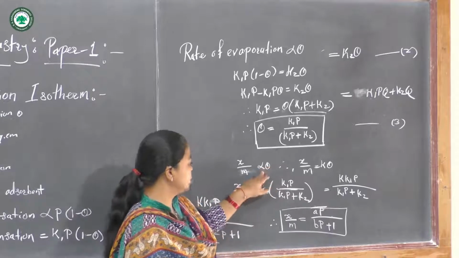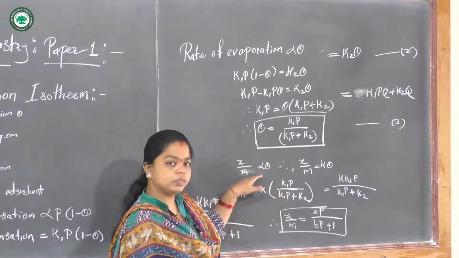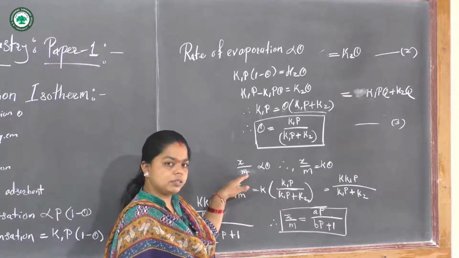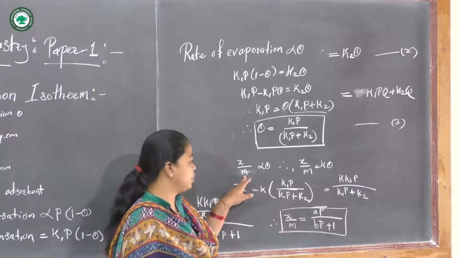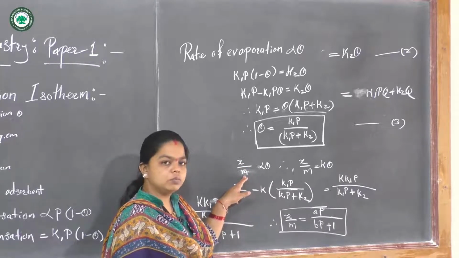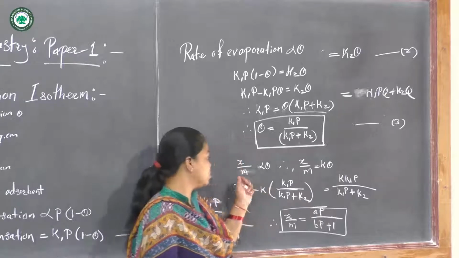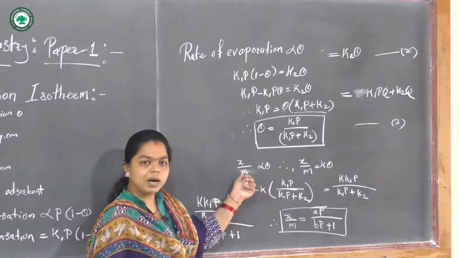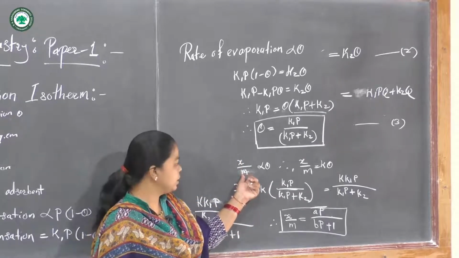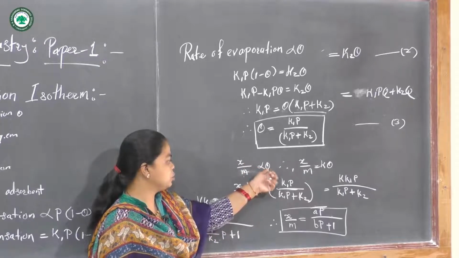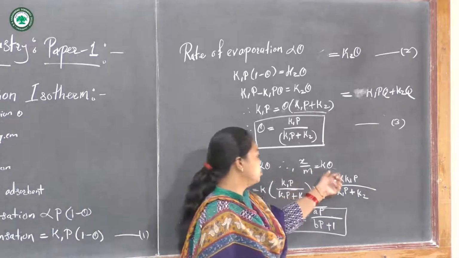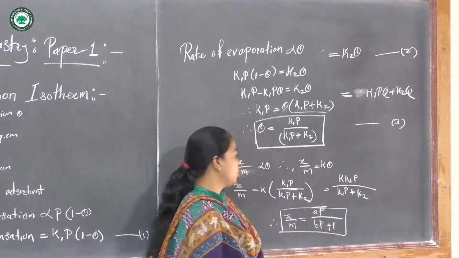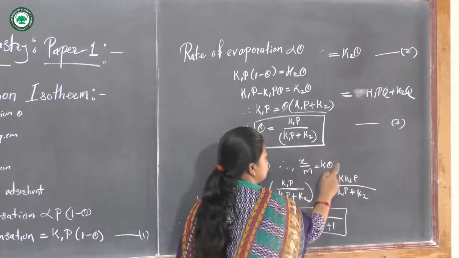So again, from the kinetic theory of gases, we can write this equation: x upon m, the ratio of the molar mass of the adsorbate material to unit mass of the adsorbent material, is directly proportional to theta. So we put in the proportionality constant: x/m = K theta.